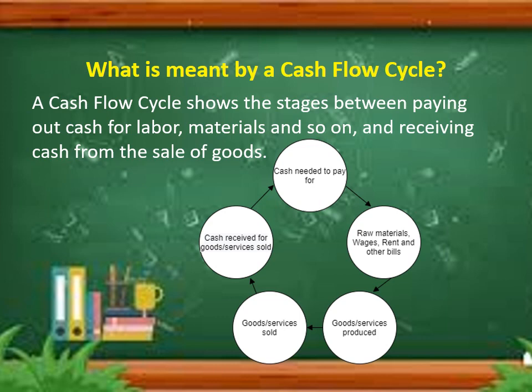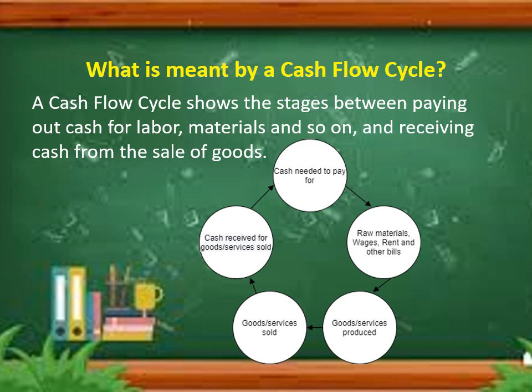This means that business is spending and business has to retrieve money from the market. So there is a cycle that exists. And when you look at the different stages as evident from the diagram displayed on your screen right now, business needs cash to pay for the raw material, wages, rent, repeated regular expenses, and using these resources, goods and services are produced.